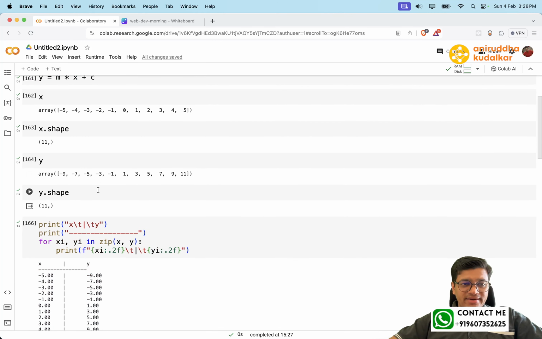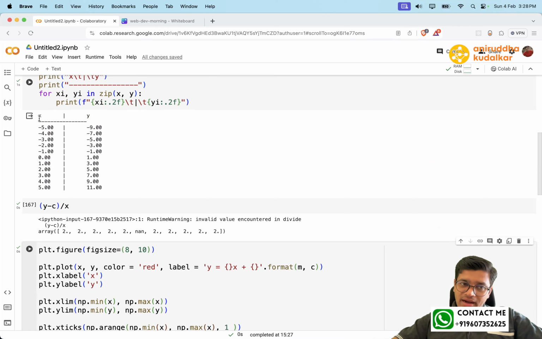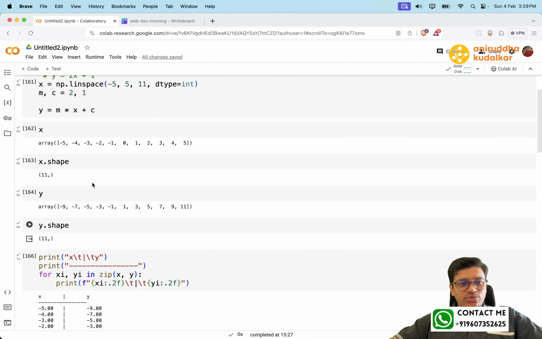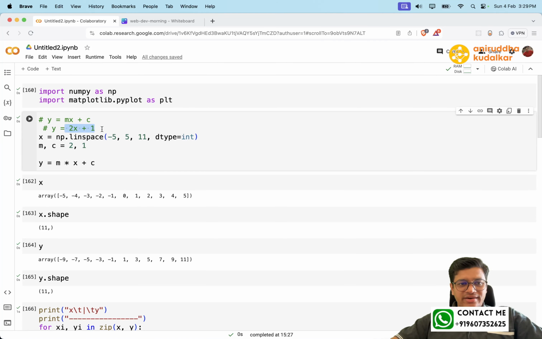And the way x changes, how y is going to change, that's what y equals mx plus c is. This is the relationship between x and y. This is used in ML at a lot of places, and that's why I have covered this in this video.